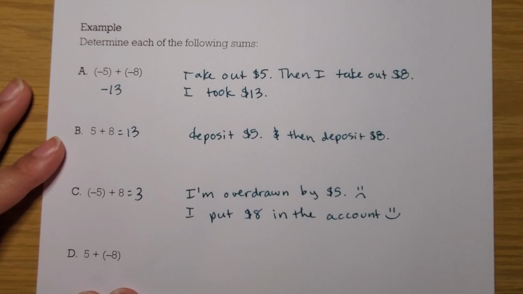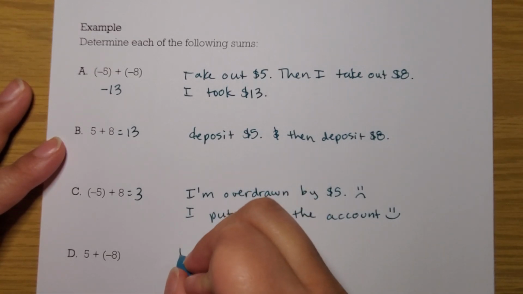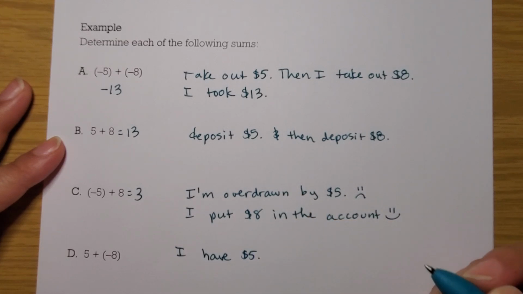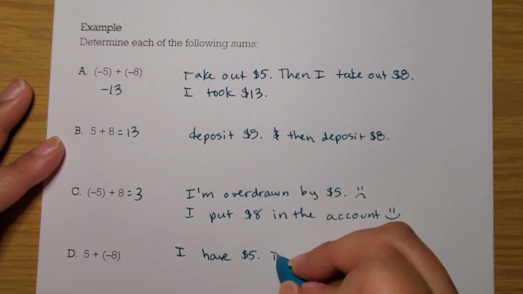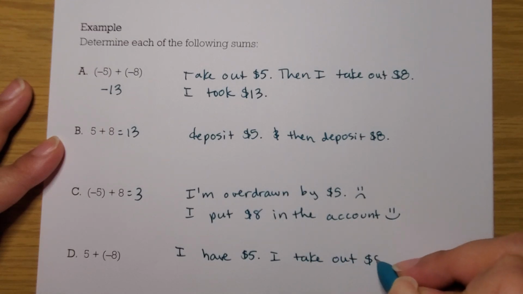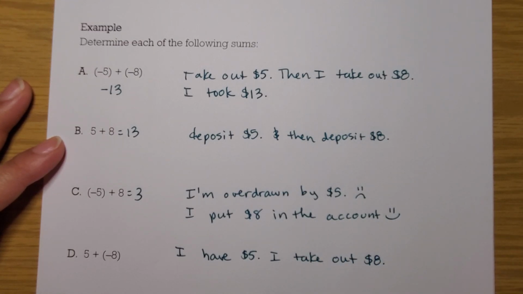All right, so let's look at part D. So I have $5 in my account. And then I take out $8. Again, I'm taking it out since it's a negative number. Oh no, now I'm in a sad situation because I only had $5 and I tried to take out 8.